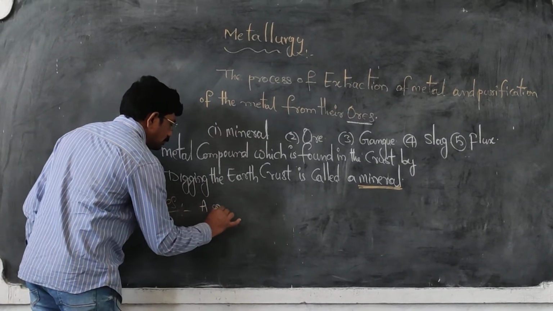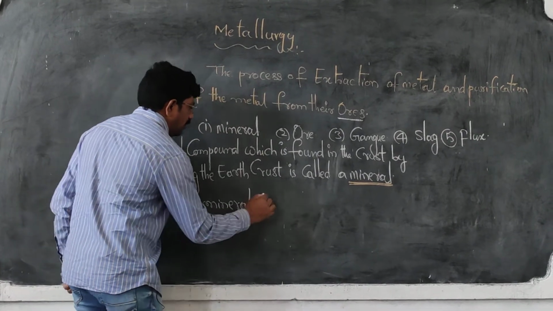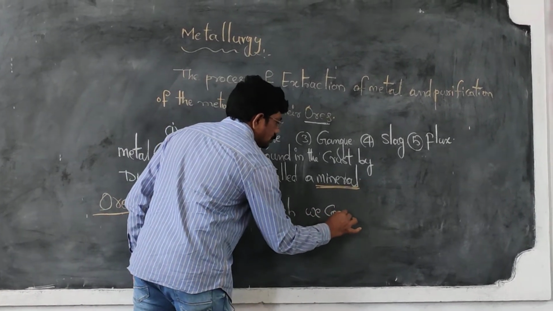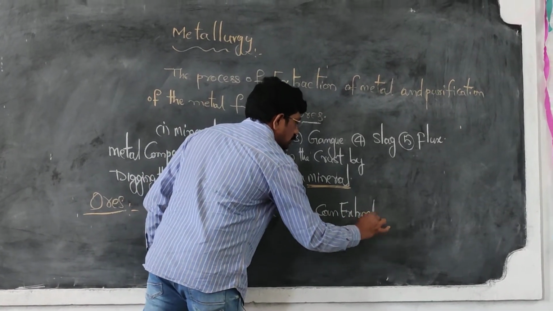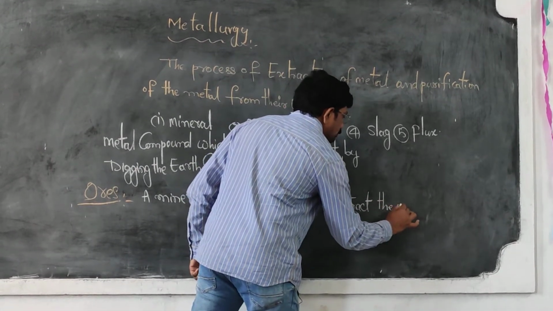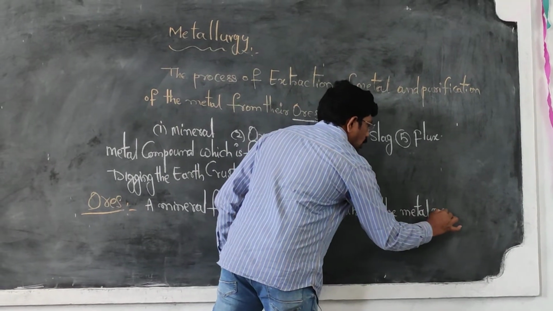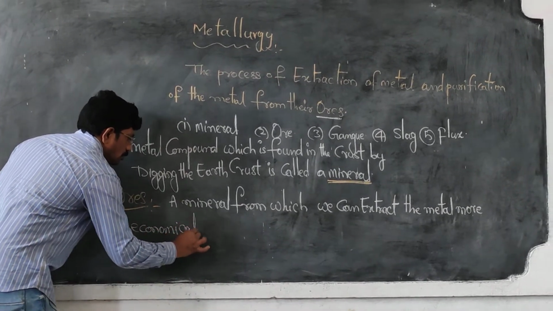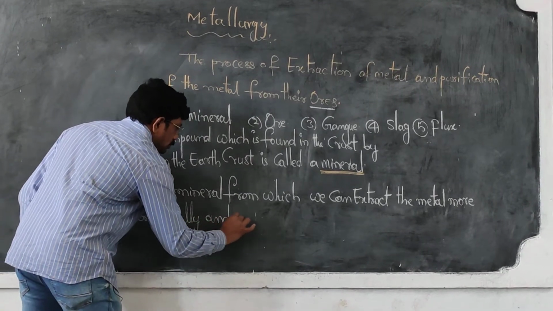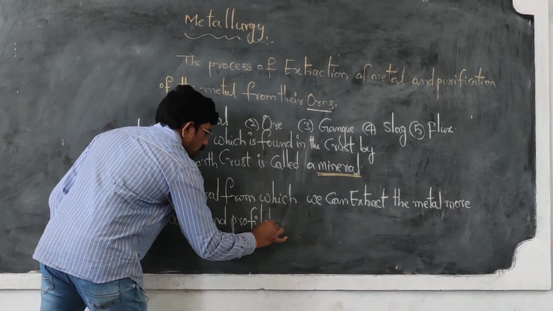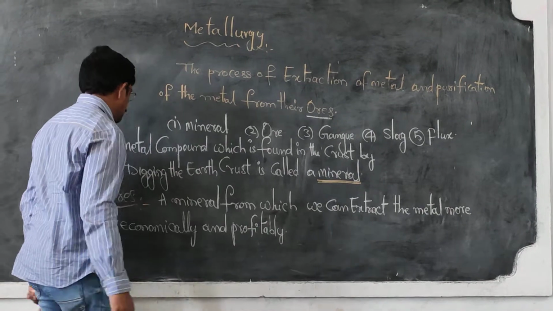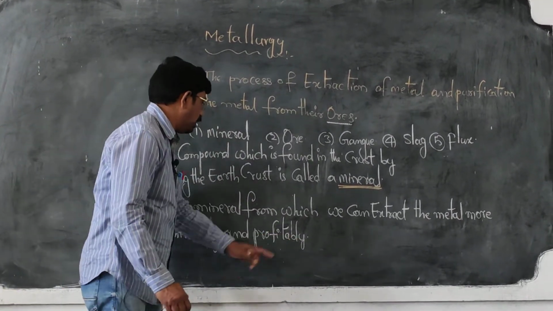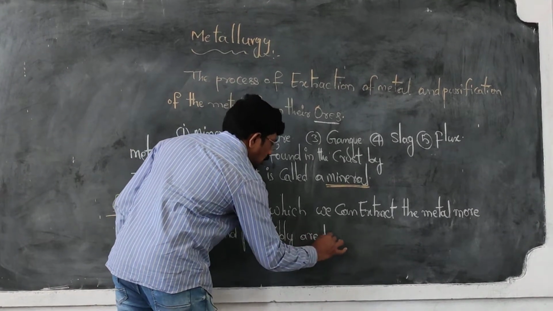A mineral from which we can extract the metal more economically and profitably is known as an ore.